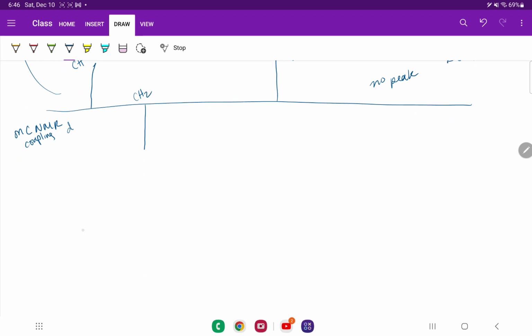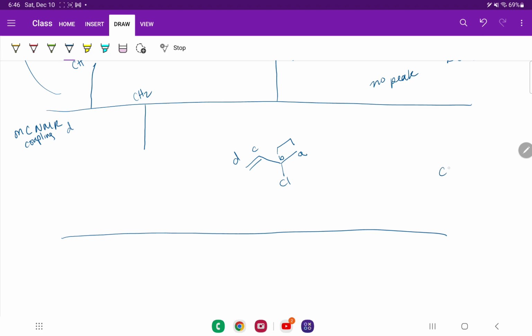So if you had, we're going to do a prediction of an NMR. I'm just making up a structure. So we have some alkyl carbons. So these two are alkyl. I'm going to label them A, B, C, and D. So I would expect that A is a CH3, so it should be the furthest upfield.